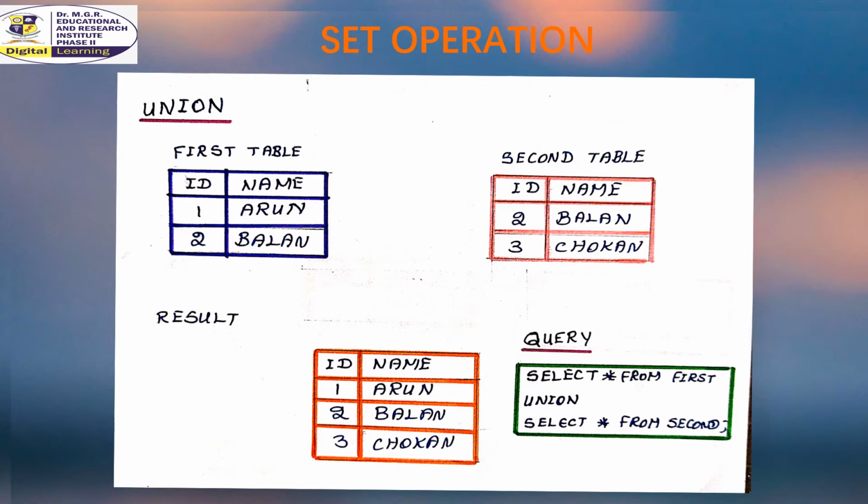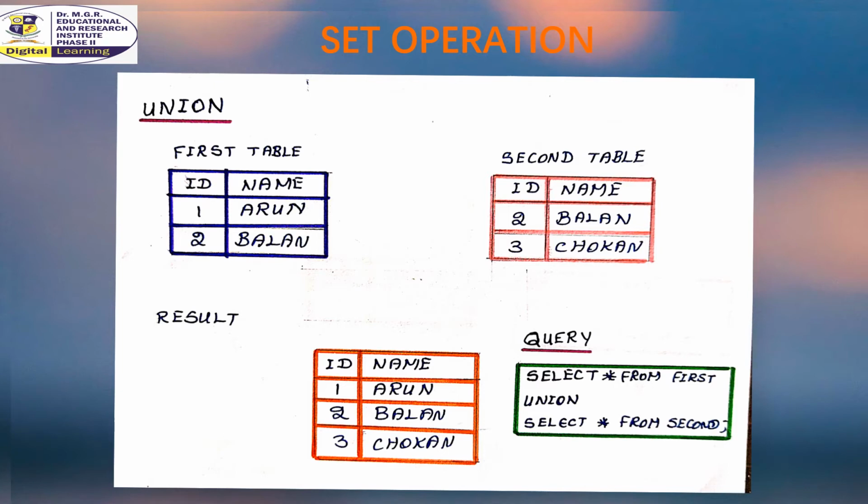The first table has two records, that is 1 Arun, 2 Balan. On the other hand, the second table also has two records, that is 2 Balan, 3 Chokan. Now you will see the query.